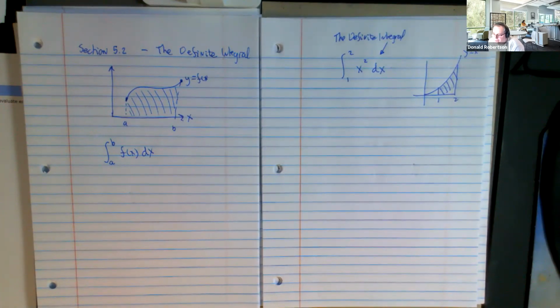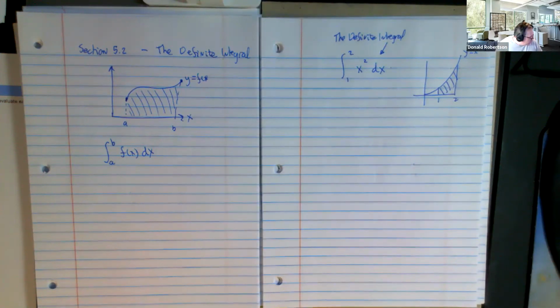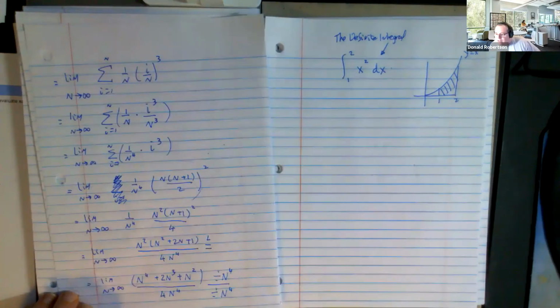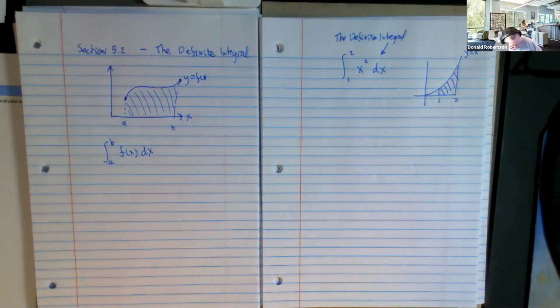So I would like to find these guys, but I don't want to spend half an hour doing that. Agreed? Don't we want to find other, better, easier ways to find areas under curves?